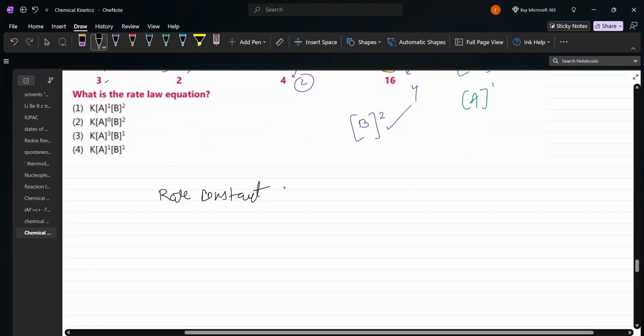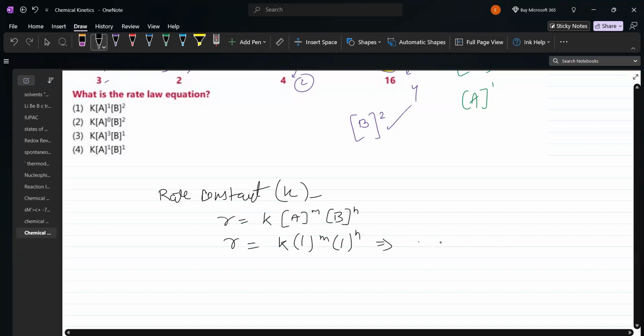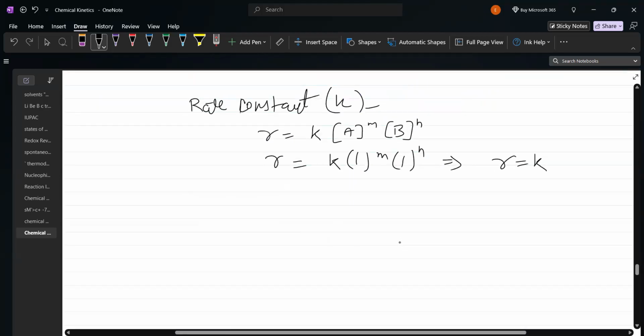Like we know that rate of reaction is equal to K times the concentration of A, assuming the reactant side has these. Let's assume that the concentration of A is 1, and B is also 1. Then the rate of reaction will be equal to K, right? Everyone, are you getting my point?